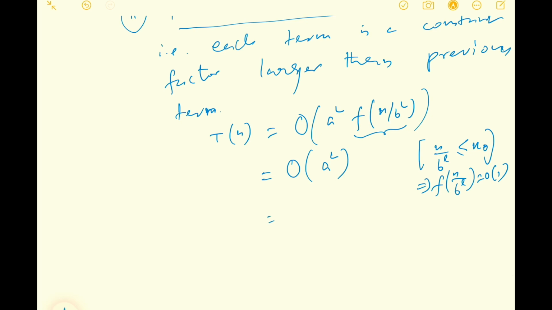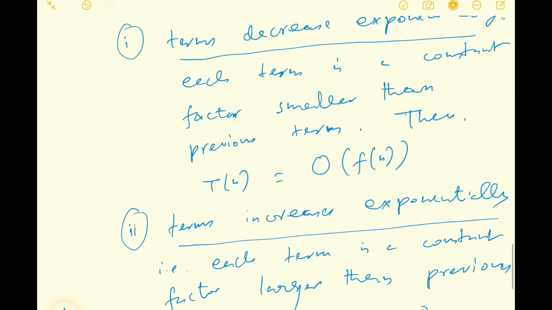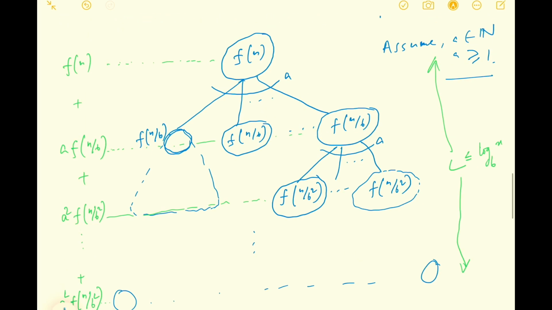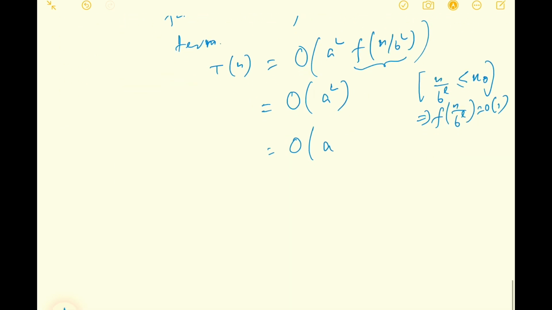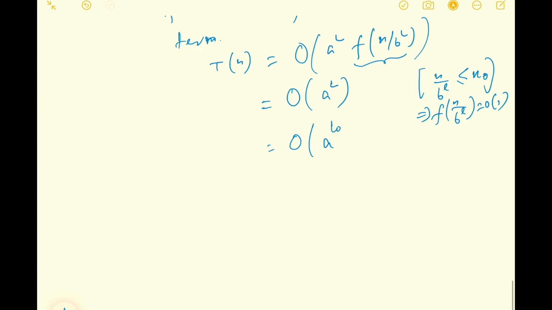And what is a to the power L? Let's put down the value of L. What was L? Here L was at most log of n base b. We are doing an upper bound big O anyway, so we can simply replace L equal to log of n base b. And this also can be written as big O of n to the power log of a base b.